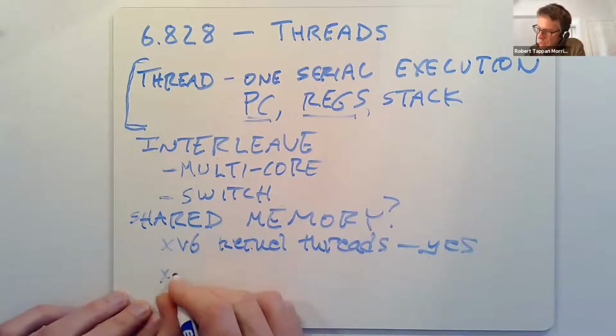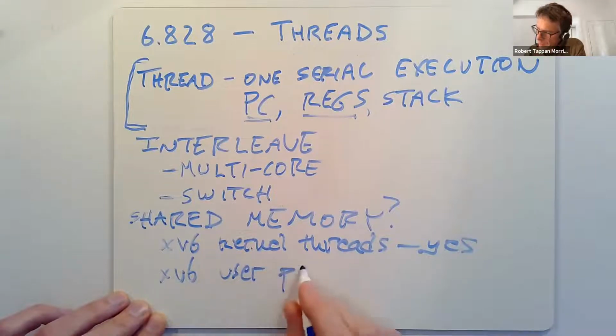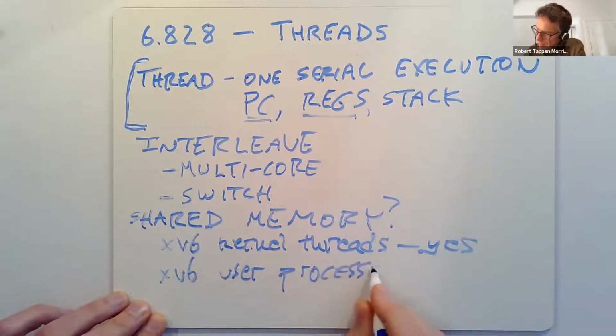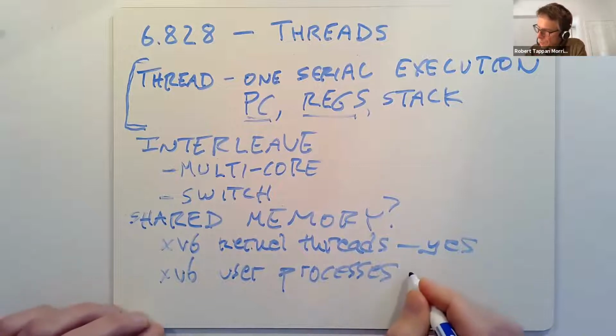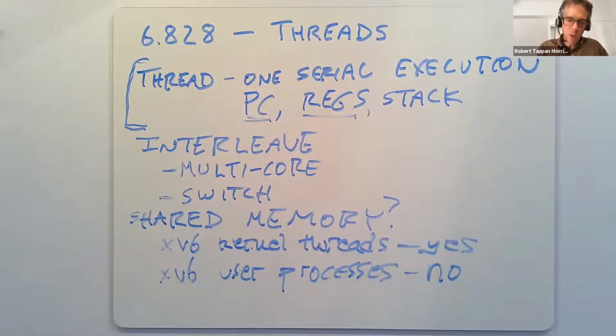So each x86 user process has 1 thread, and so there's no sharing of memory among threads within a single user process. Of course, you can have multiple processes, but each of those processes is an address space with a single thread. The processes in x86 don't share memory.